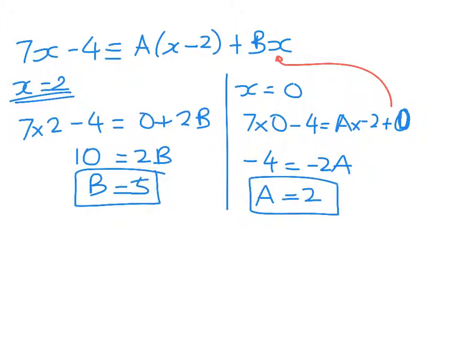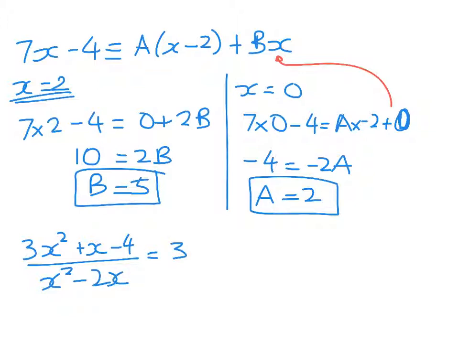So we can write up our final solution like this: 3x squared plus x minus 4 over x squared minus 2x is equal to 3 plus 2 over x plus 5 over x minus 2.